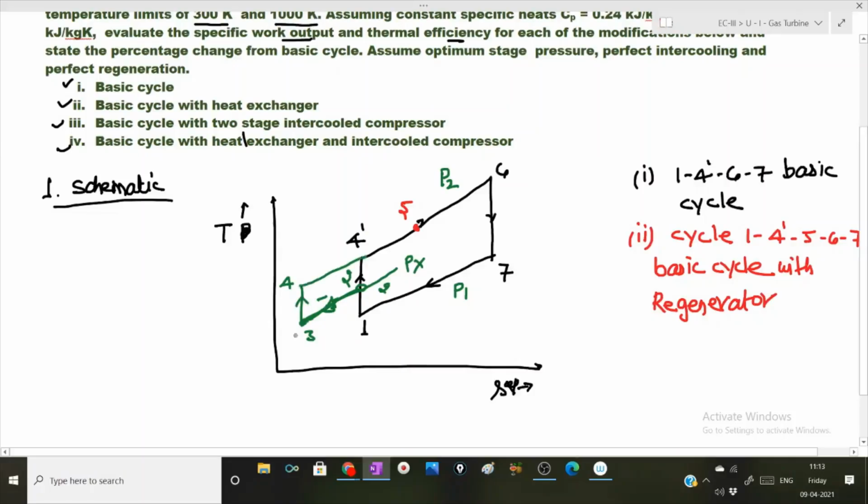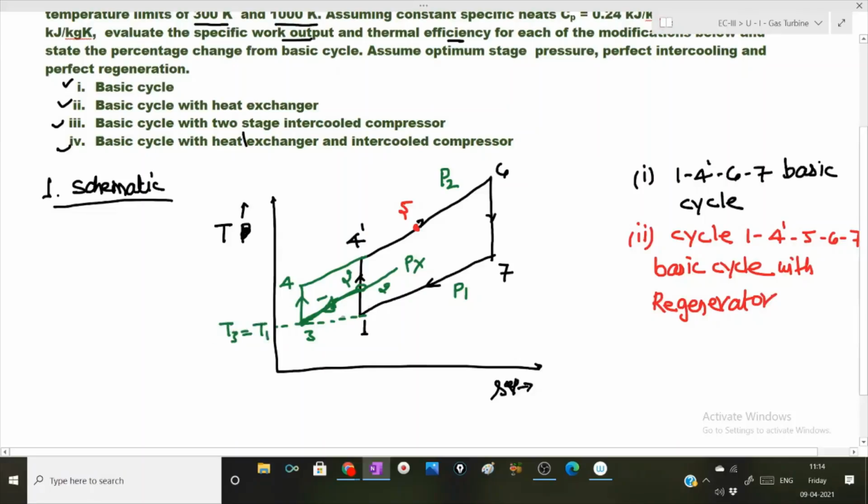Okay. And since perfect intercooling is done, temperature after compression in the low pressure compressor is increased to T2, and in intercooling, if it is perfect intercooling, temperature will be reduced in such a way that T3 will be equal to T1.